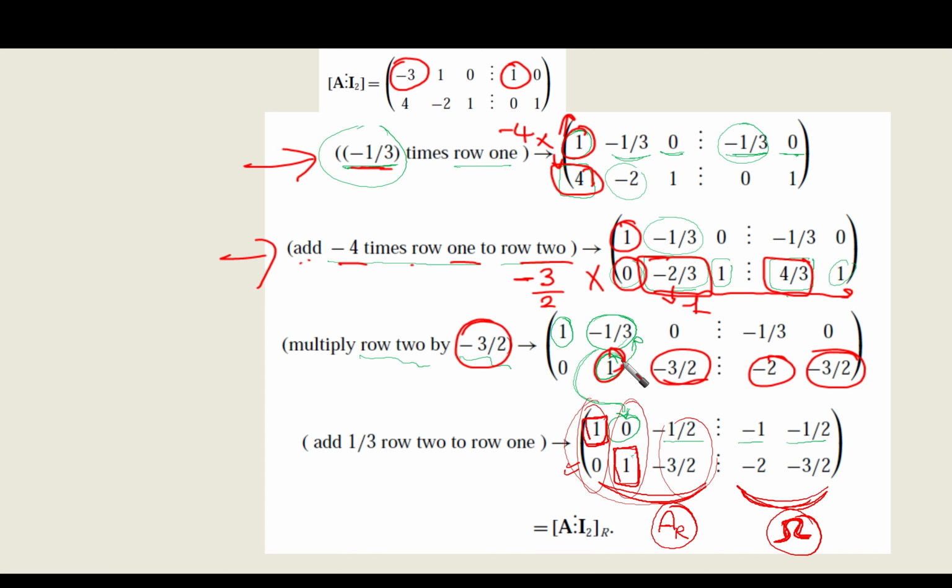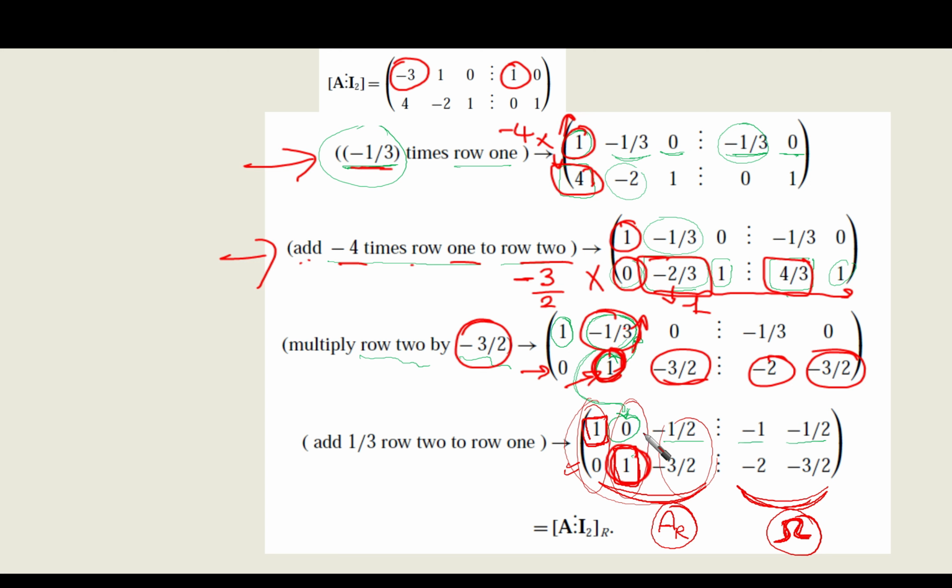Now look at this element. It is the leading entry of row 2. Look above, non-zero. Then we need to make it 0. How? Exactly. We are going to multiply this 1, which is row 2, by 1/3 and add it to row 1.